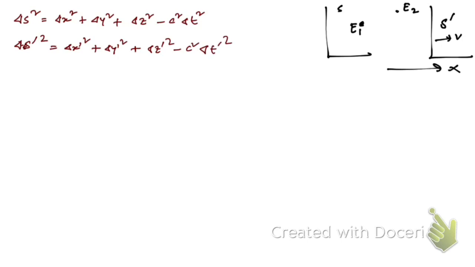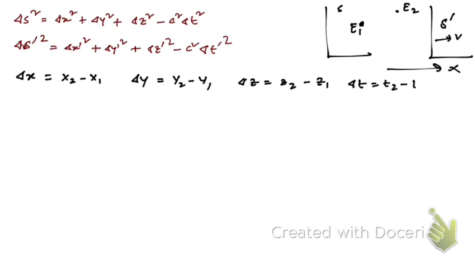Now you see what del X, del Y mean. Del X means x2 minus x1, that is the interval along the x-axis. Similarly, del Y means y2 minus y1, del Z means z2 minus z1, and del T means t2 minus t1.